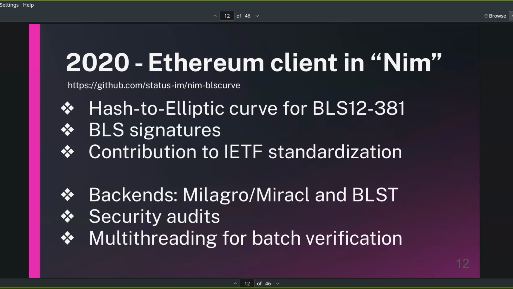Then I also did some multi-threading for batch verification of BLS signatures, things that go a bit over the Ethereum spec, but which is necessary for reaching high performance on hardware like Raspberry Pi.